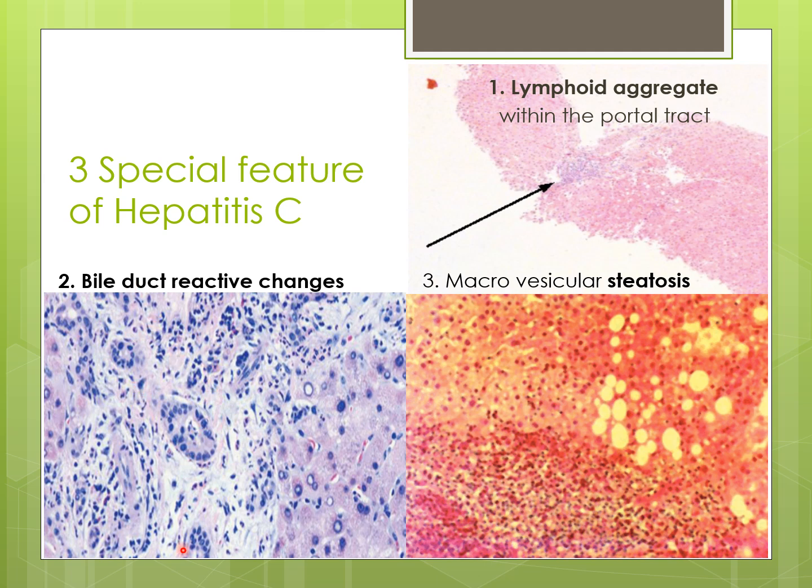There is an increase in the number of bile ducts in hepatitis C. And there's fatty change. Steatosis means fatty change. The fatty change is macrovesicular, large droplets of fat. So these are the 3 features of hepatitis C. We may ask you in the quiz, etc., simple questions. What are the pathological features, special features of hepatitis C?